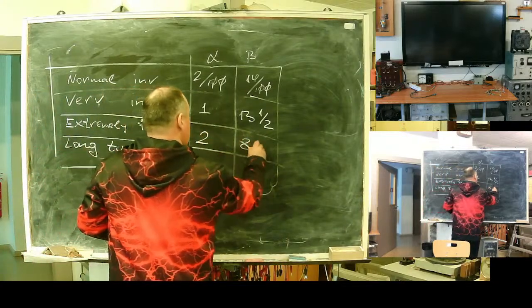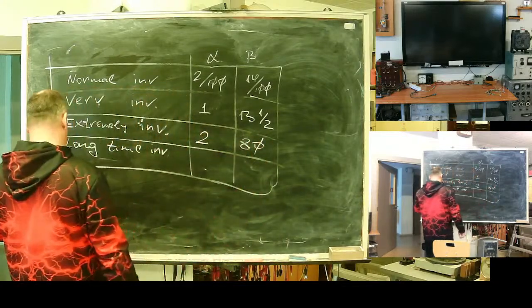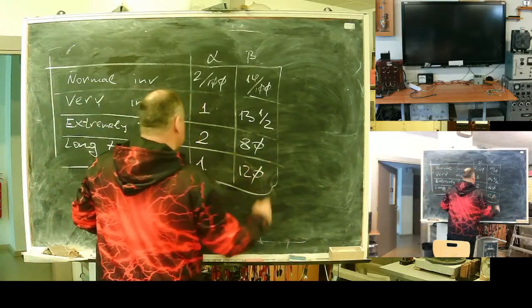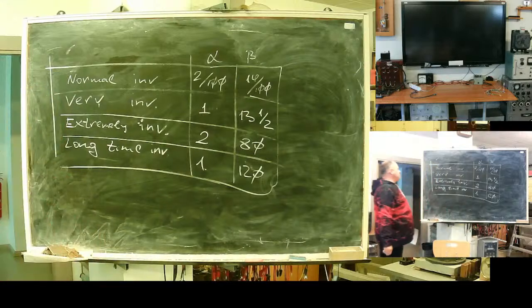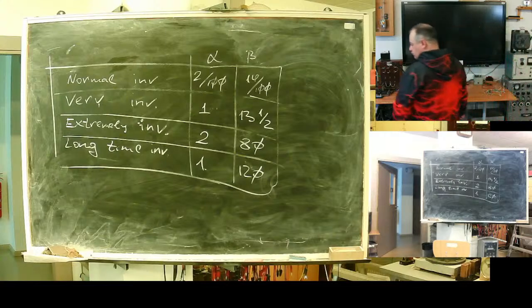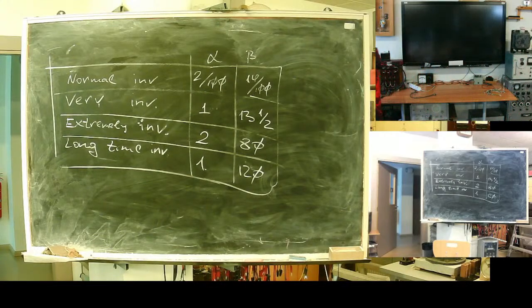Two and 80, and 1 and 120. Here are four base characteristics. Depending on what kind of fuses and what kind of circuit breakers you deal with, select one of them.